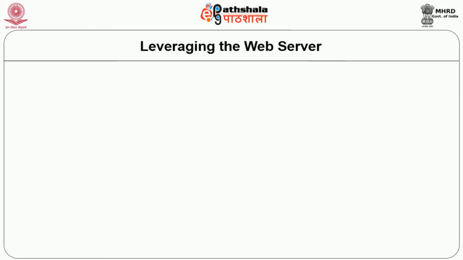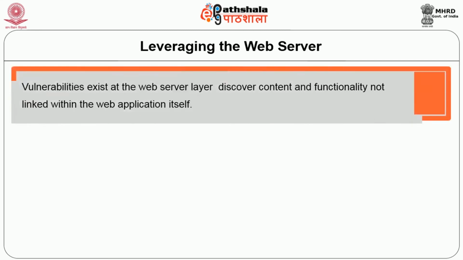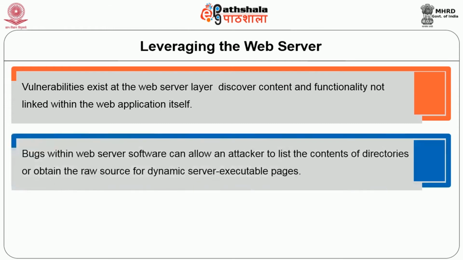Next, in case of enumerating the content and functionality, is leveraging the web server. Vulnerabilities may exist at the web server layer that enable one to discover content and functionality that are not linked within the web application itself. There are bugs within web server software that can allow an attacker to list the contents of directories or obtain the raw source for dynamic server executable pages.